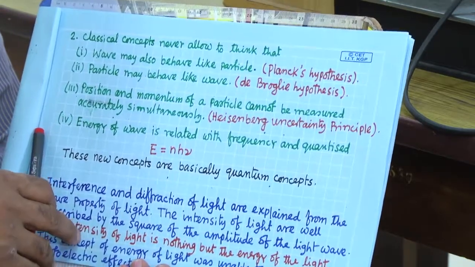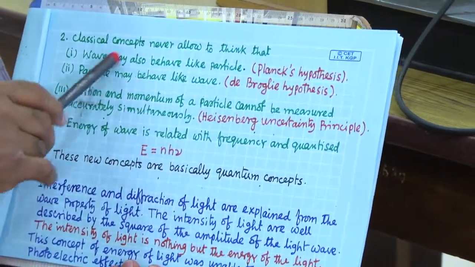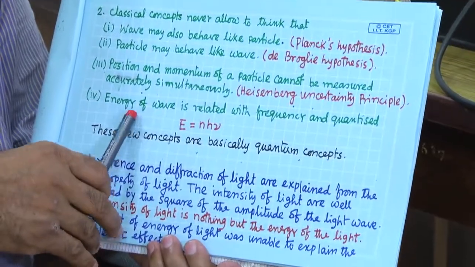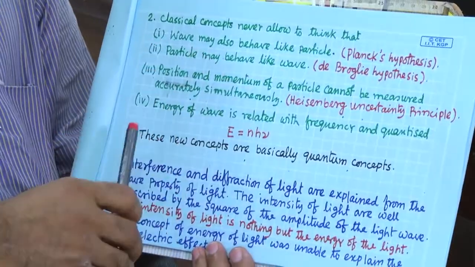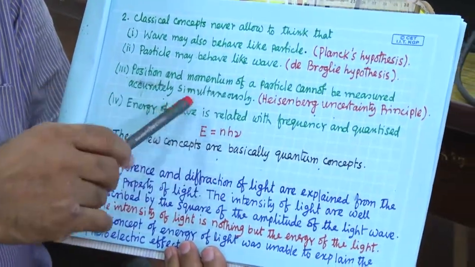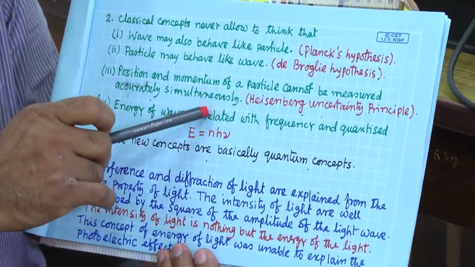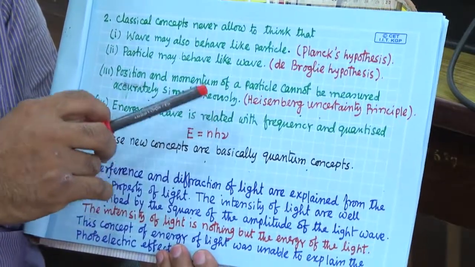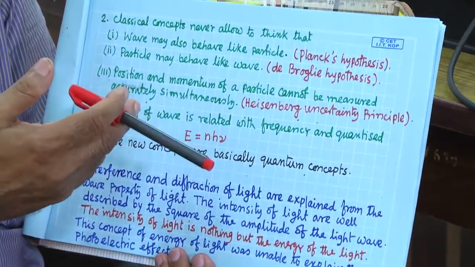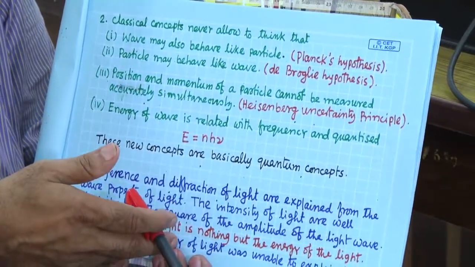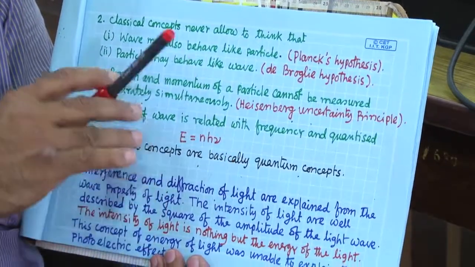Whatever I mentioned in these 4 points, classically we cannot think of these facts. These are new concepts, but they are accepted because, based on these hypotheses, many physical phenomena were explained. That means these hypotheses are real.